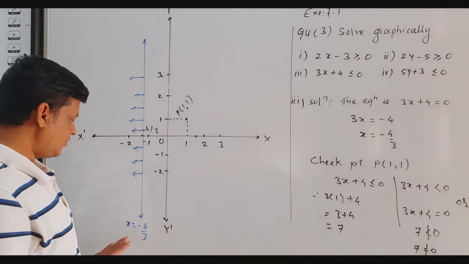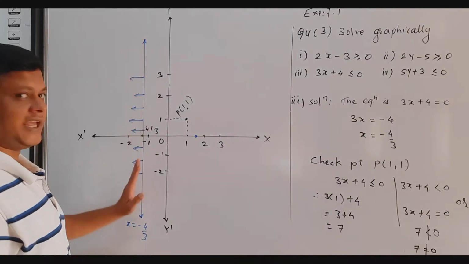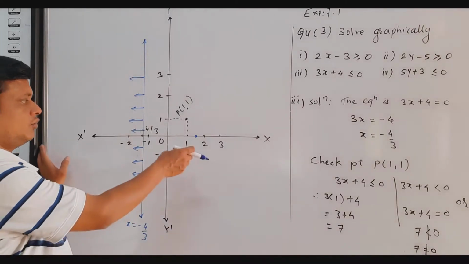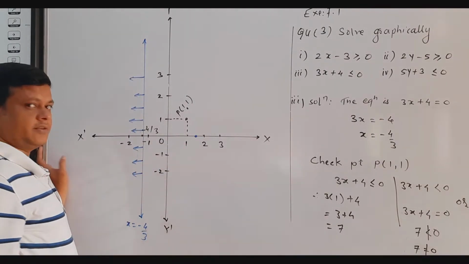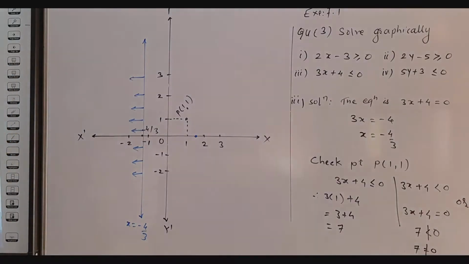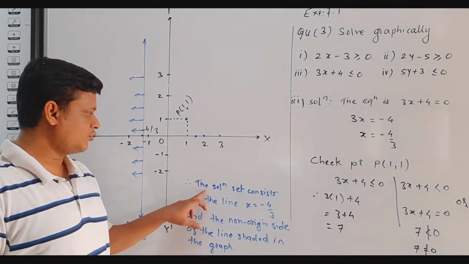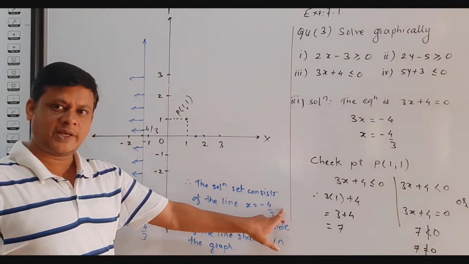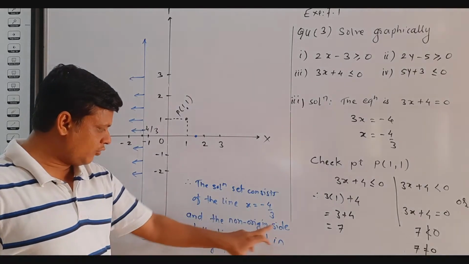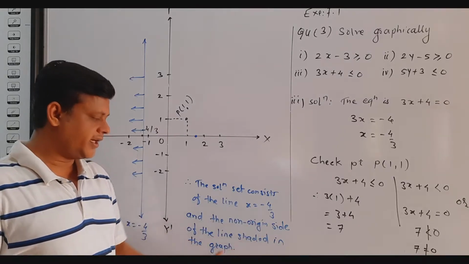That means the solution set consists of this line and the non-origin side shaded by this region. So we write here the solution set consists of the line x equals minus 4 by 3 and the non-origin side of the line shaded in the graph.